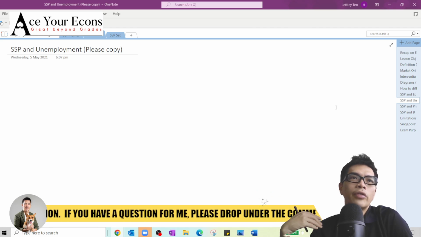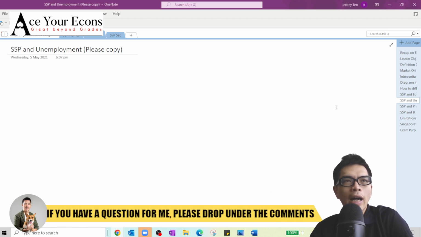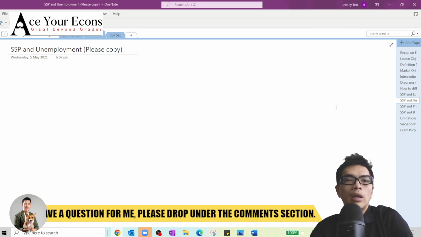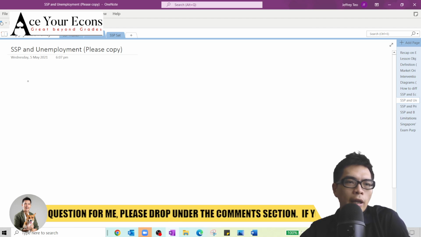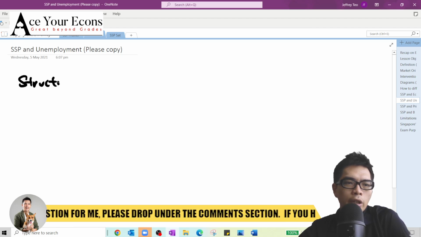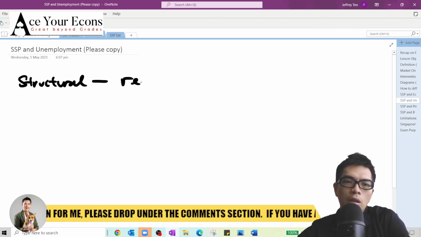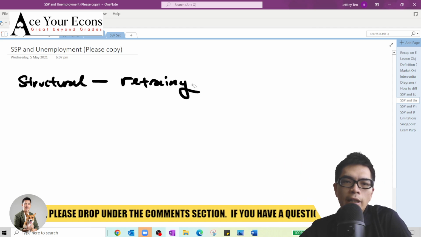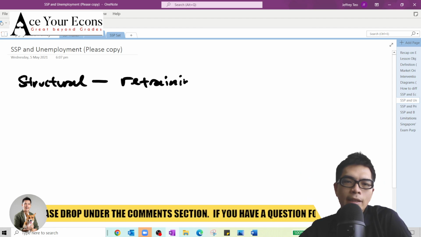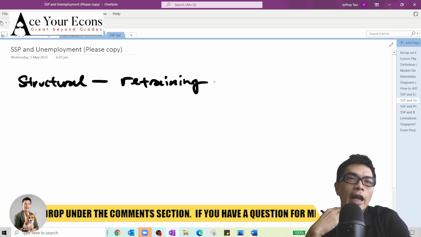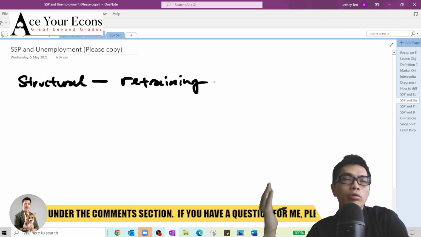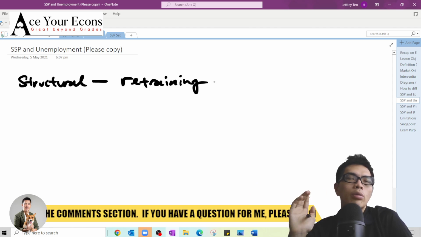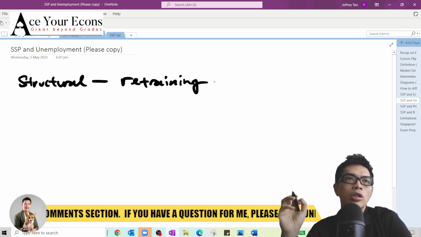If we are looking to correct structural unemployment, then our favorite would be retraining, or what we used earlier as interventionist supply side policy: providing education and retraining, SkillsFuture. This is the most targeted and direct way to address job skill mismatch.